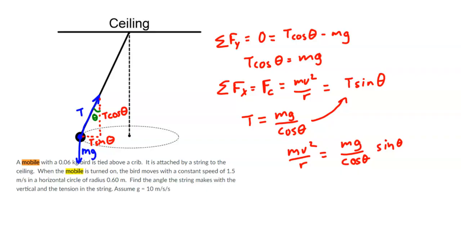Some useful things will happen here, such as the mass will cancel out, and sine over cosine of theta is equivalent to tangent of theta, so this becomes v squared over r equals g tangent of theta.